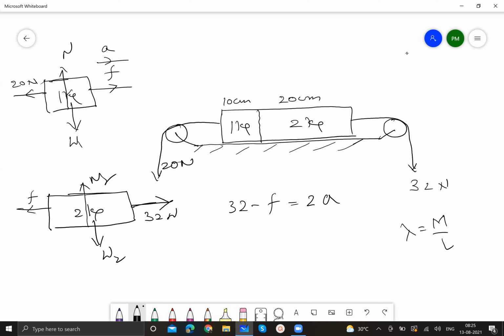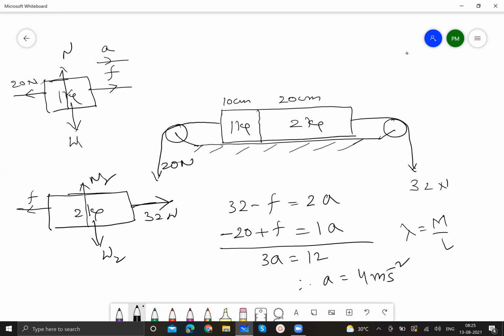Next, F should be more than 20 newtons for the smaller portion to have acceleration towards right. So it is minus 20 plus F equal to 1 into A. Thus we will get 3A equal to 12. Therefore, A will be equal to 4 meters per second squared.